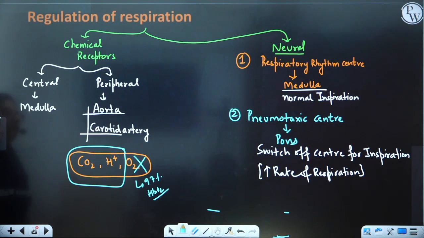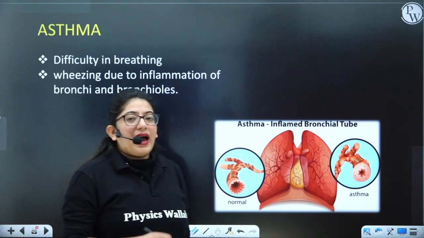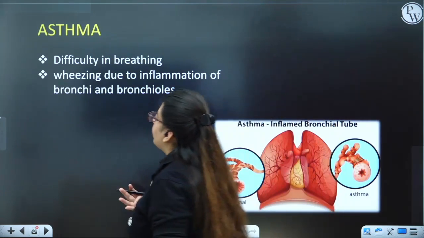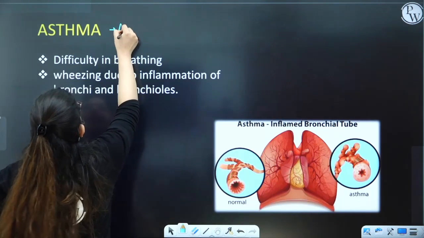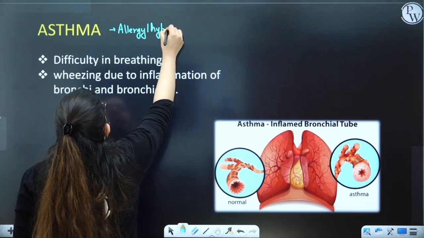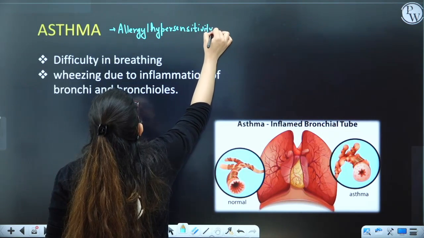All right, moving further to the disorders. First is asthma. Asthma is a kind of disorder of the upper respiratory tract. It's actually an allergy or hypersensitivity, and this allergy or hypersensitivity is from dust.